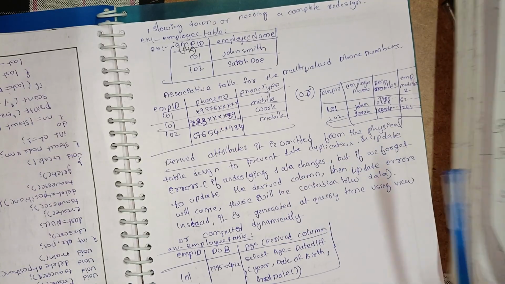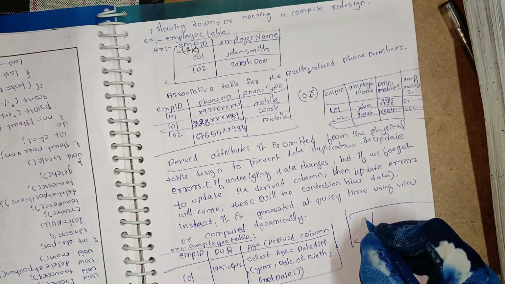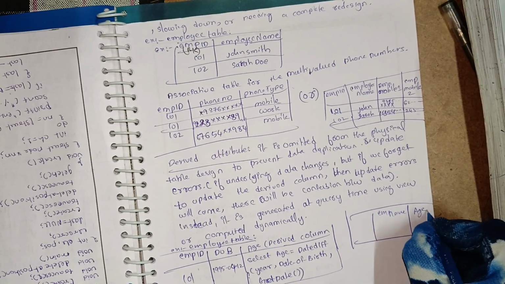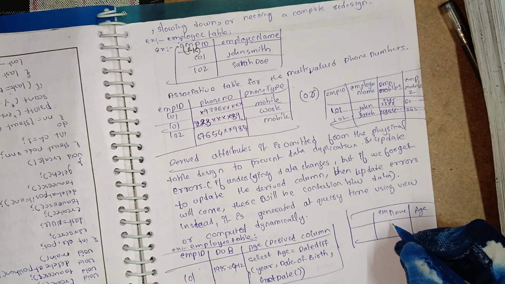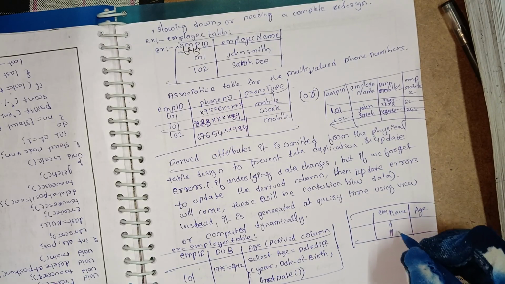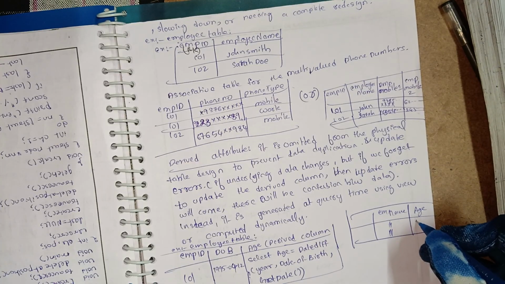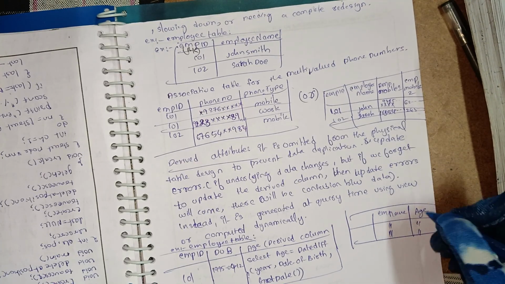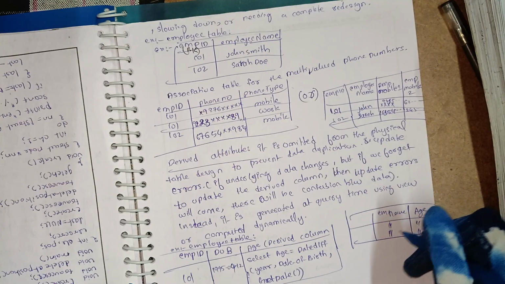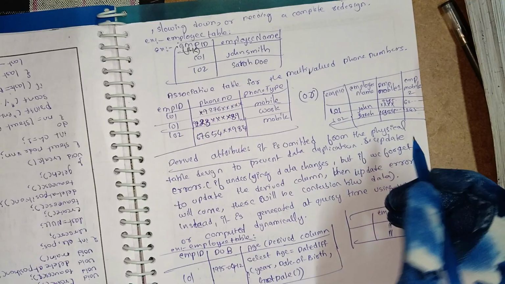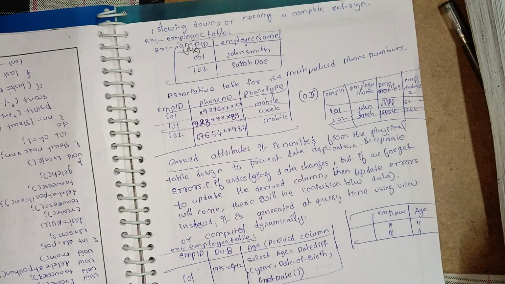If we have a table with employee name and age, the employee name can be repeated twice, so age should also be repeated twice for that particular employee name. So that creates duplication. To prevent that, we are not including the age column.